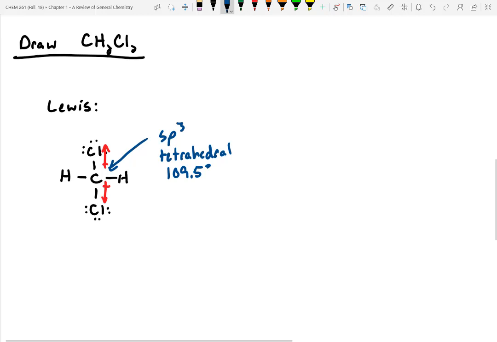So we need to think about it as a 3-dimensional shape. So let's draw it in 3D. Okay, so the 3D representation will look much, much better. And if you remember, a wedge means that it's coming out towards you. A dash means that it's going back into the page.